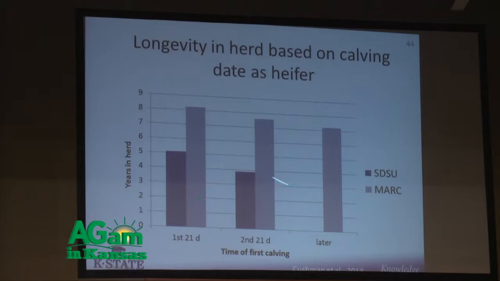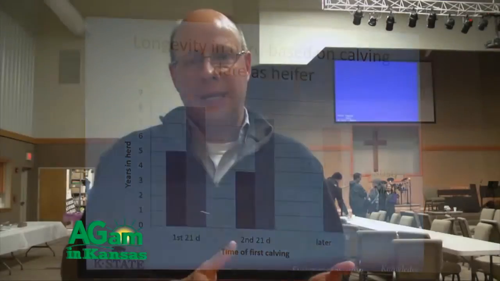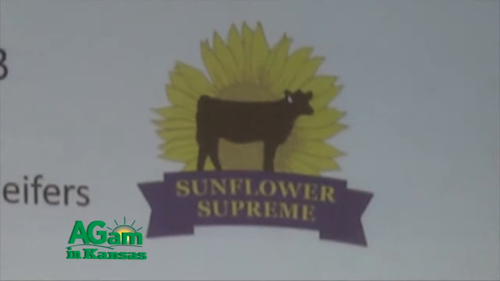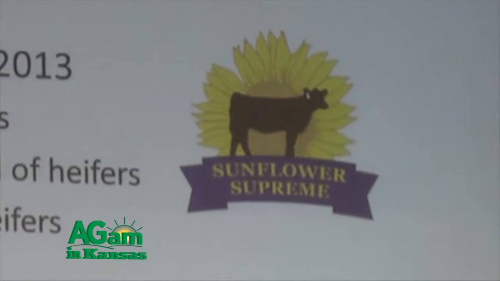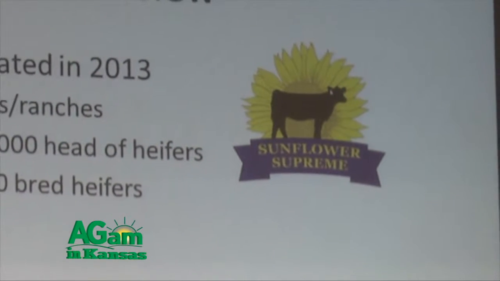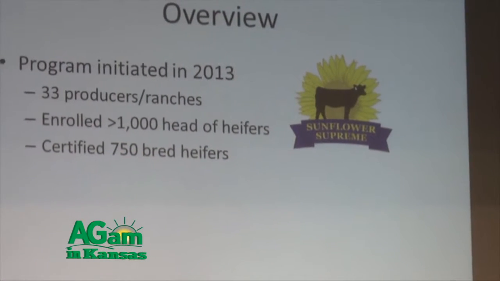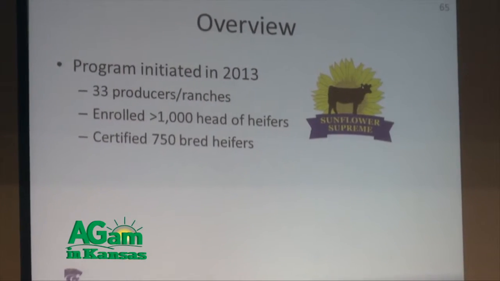It's kind of like the relationship between weaning weight EPD and milk EPD. They both result in calf performance, but one's a maternal aspect and the other one's a direct calf aspect. The other thing we'd like producers to think about in making those calving ease decisions is that the Sunflower Supreme Heifer Program has established criteria for calving ease direct and recommendations for maternal calving ease for the sires of potential replacement heifers.